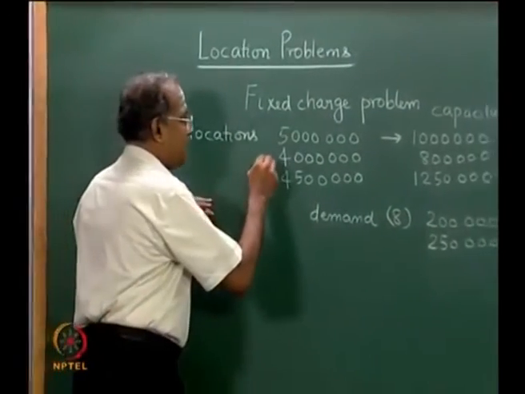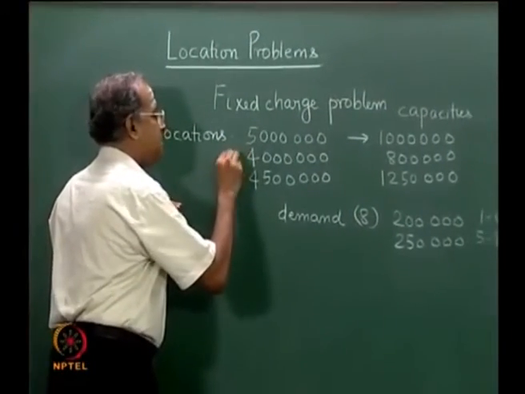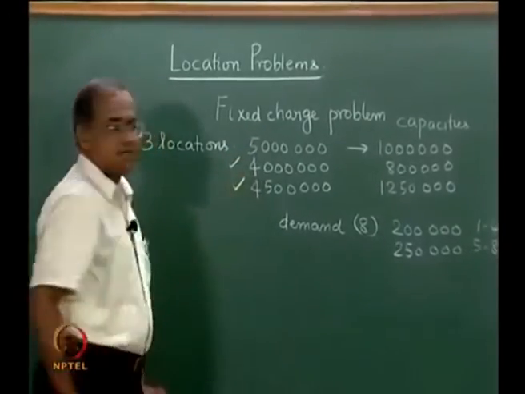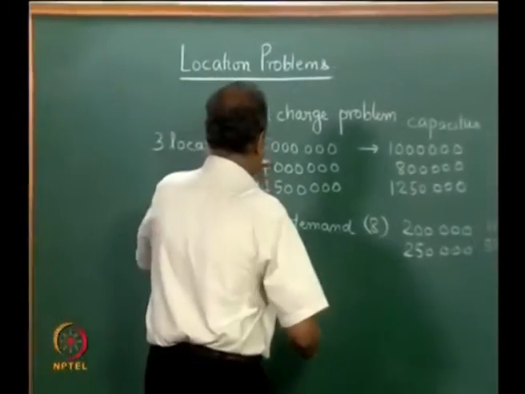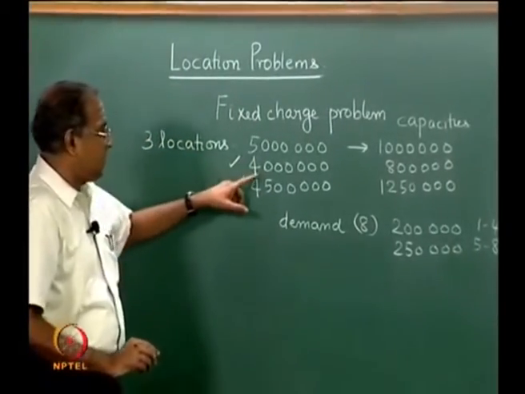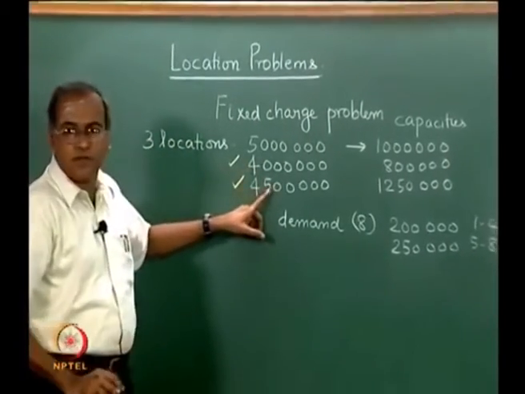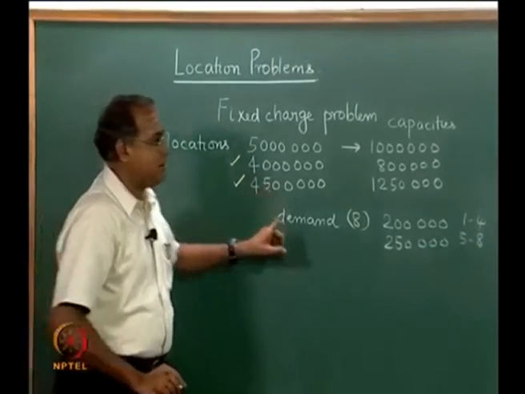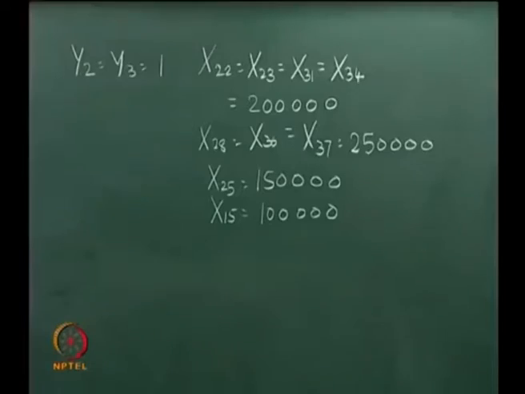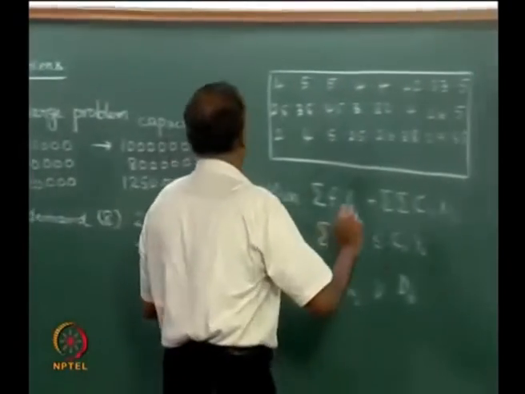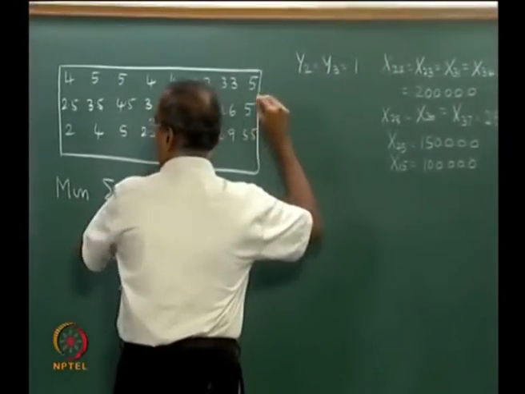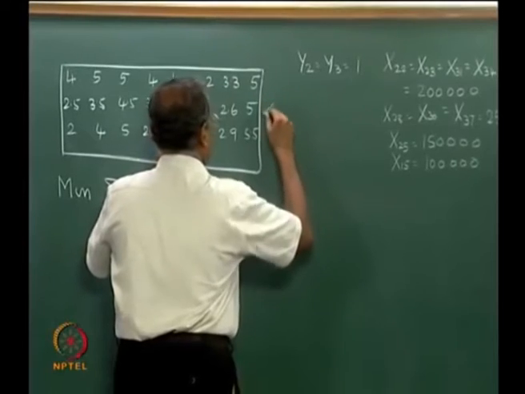So, if we look at this solution, the optimum solution has picked y2 and y3. So, it has picked this as well as this. So, there is a fixed cost of 4 plus 4.5, 8.5 million. And the allocations are, now these two are chosen.